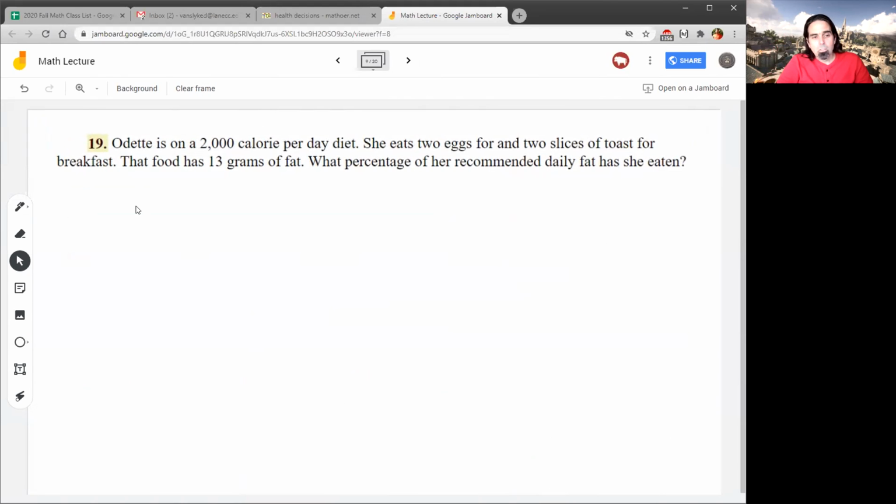So Odette's on a 2,000 calorie per day diet. She eats 2 eggs and 2 slices of toast for breakfast. And that food has 13 grams of fat. What percentage of her recommended fat for the day has she eaten?